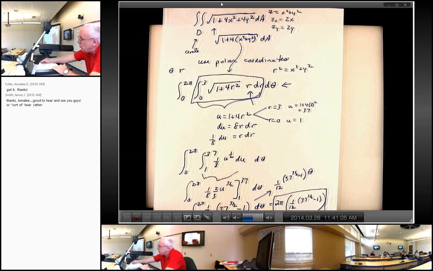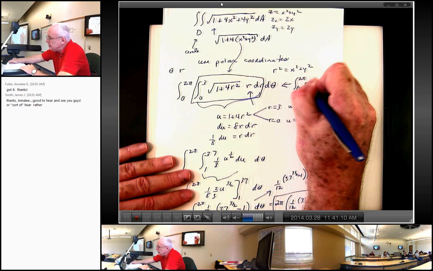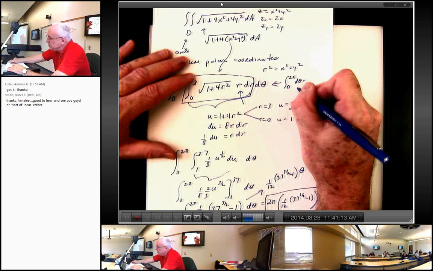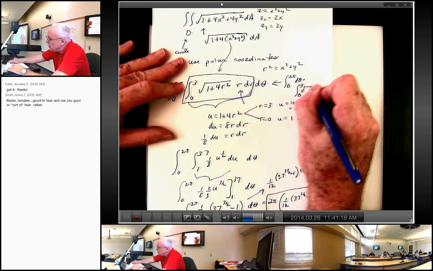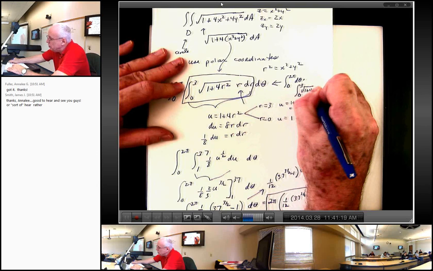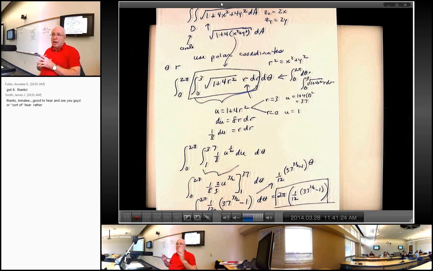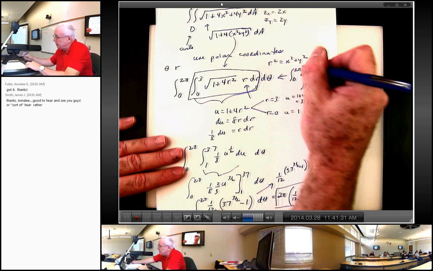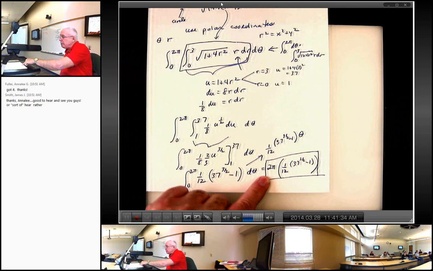This can right away be separated as 0 to 2 pi d theta times the other single integral, 0 to 3 square root of 1 plus 4r squared r dr. So I can separate it out like that from the get-go. And of course, this 0 to 2 pi of d theta, that's the 2 pi that I got at the very end there, all right?